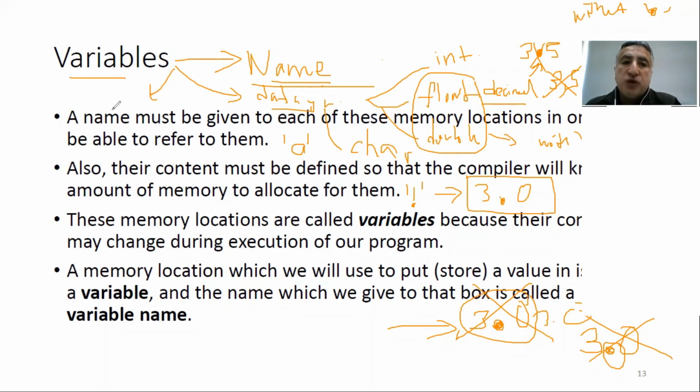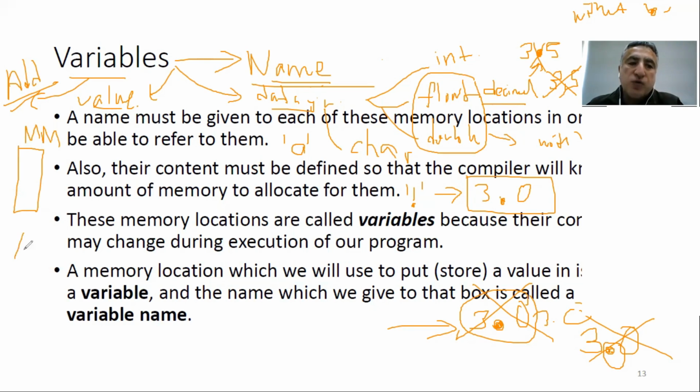A variable should also have a value, of course. This value must be in compliance with the data type. If it is an integer, it should be 3. If it is a float, it should be 3.000. And another thing, a variable should have an address. So what is that address? Everybody knows in a computer we have the main memory, right? You talk about 16 gigabyte RAM. This RAM is the kind of memory used as main memory.